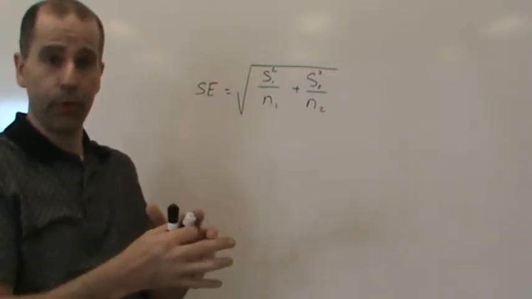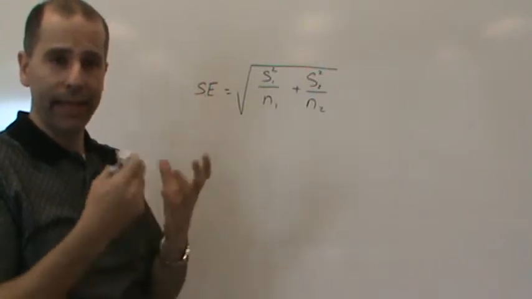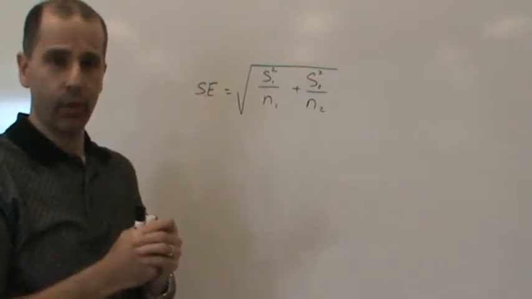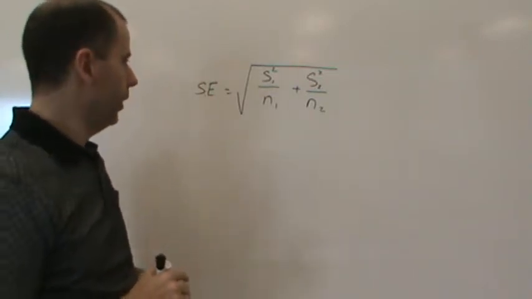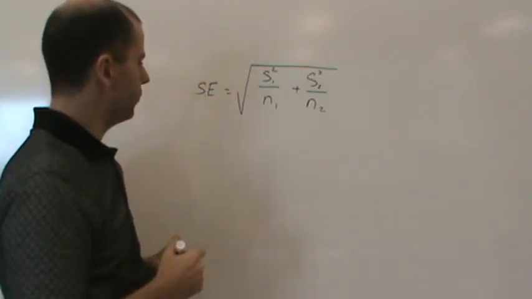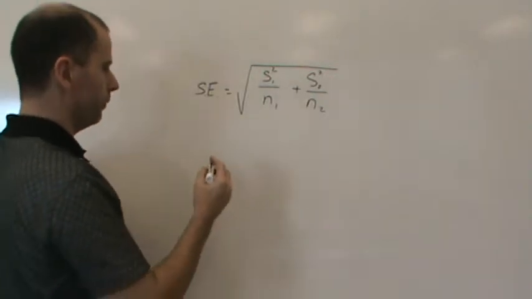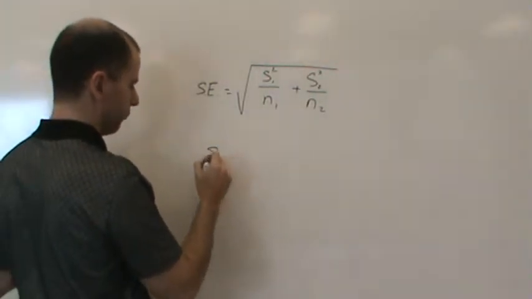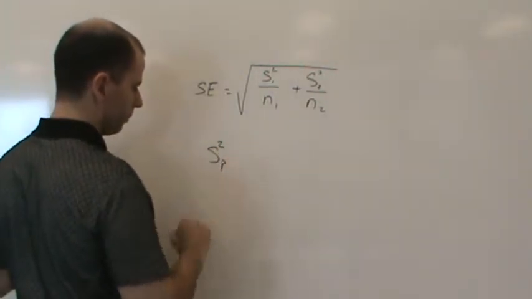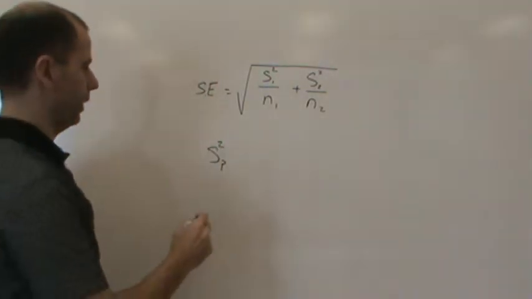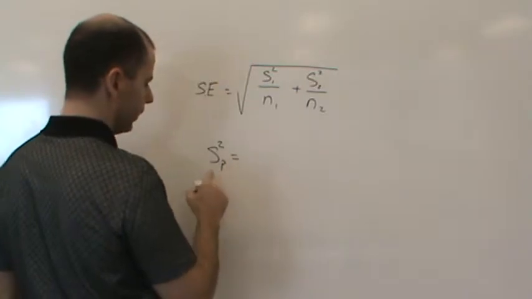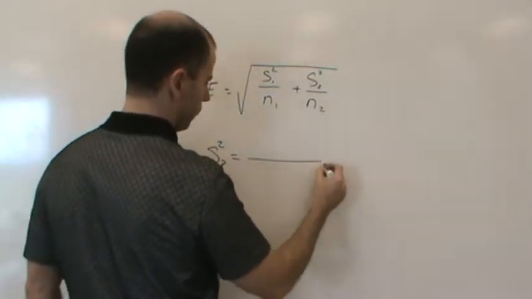So basically treat both samples as one and get a common variance, or what we call the common sample, you could say. So how does that work? Well, the calculation for the pooled variance is this, and we write it as S sub p squared. The calculation is going to be this.